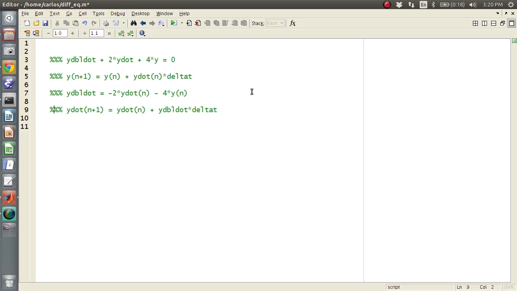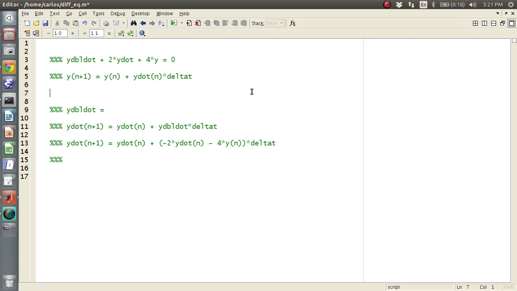I'm going to substitute in y double dot, put it in there, and then take this equation up here and write it in matrix notation: 1, delta t, times y of n, y dot of n, with a semicolon to denote that the second vector is a column vector.